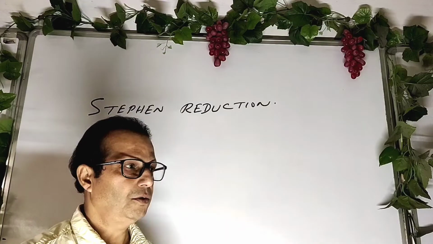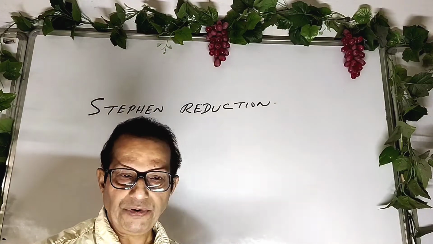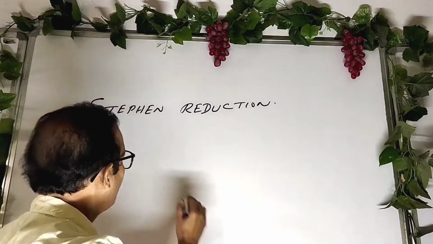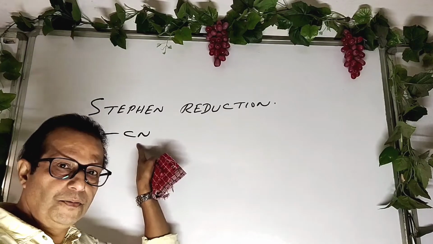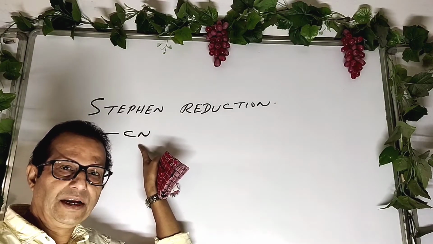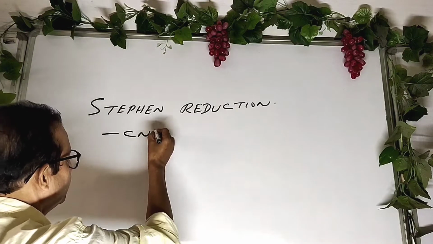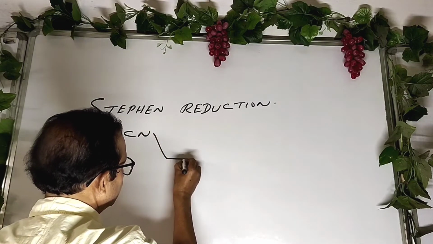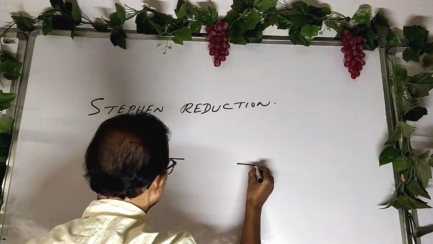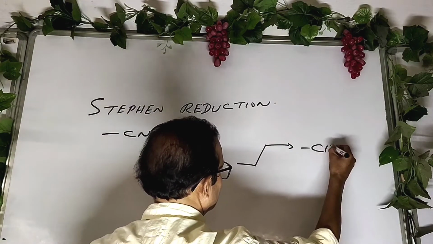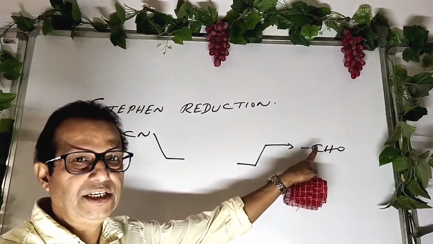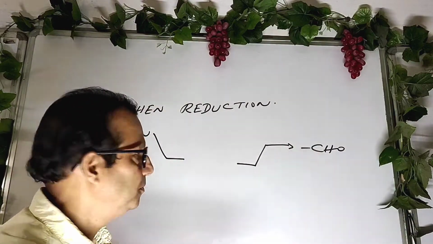By Stephen reduction, the cyano group of an aliphatic or aromatic compound will change into an aldehyde group.